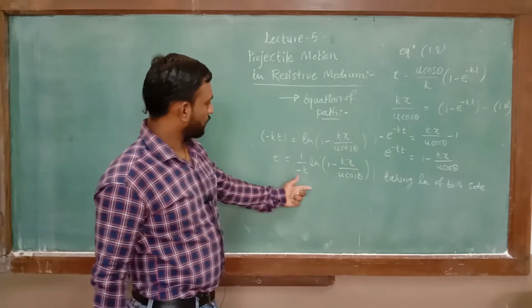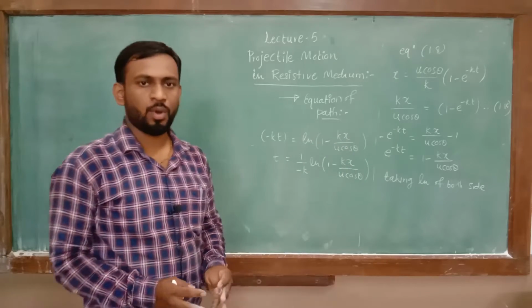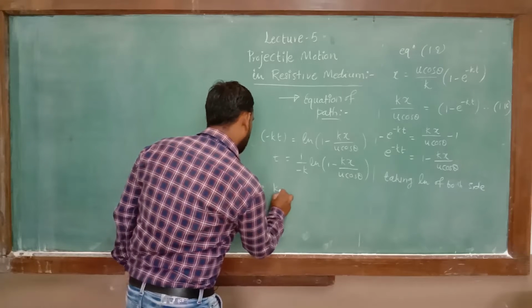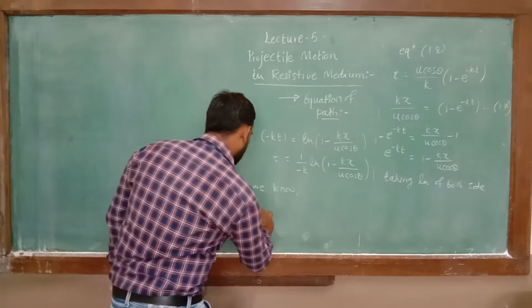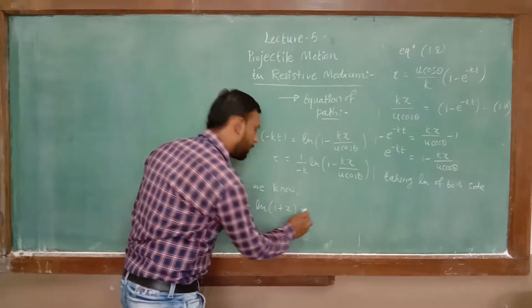But look at the form of this equation: ln of 1 minus something, or ln of 1 plus something. From basic mathematics, what is ln(1 + x)? Do you remember?